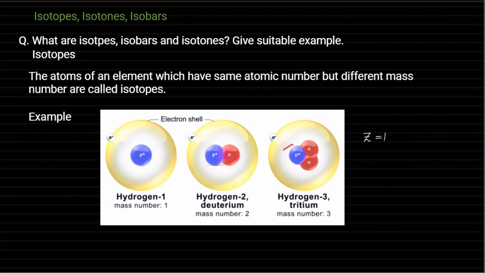That means they have the same atomic number, but the total number of nucleons is different. That means they have a different mass number. Fine. So such elements are known as isotopes: elements which have the same atomic number but different mass number.